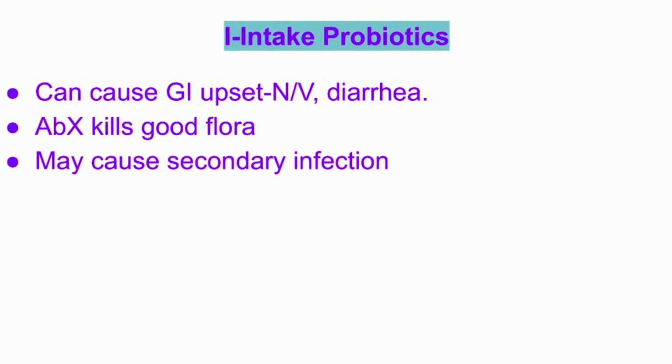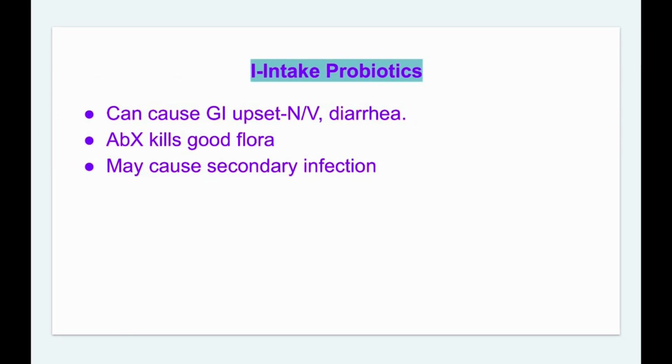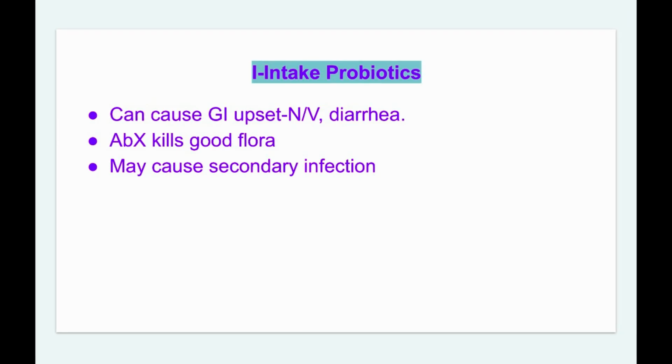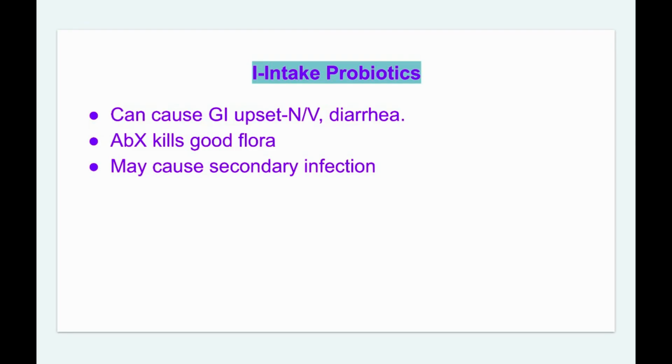And also for ototoxicity, monitor for tinnitus and vertigo. And next is I, intake probiotics. Antibiotics may cause GI upsets such as nausea, vomiting, diarrhea, because they kill good flora from the gut.